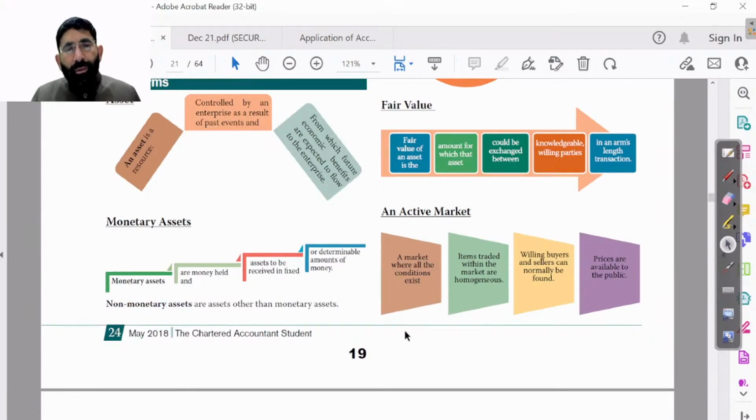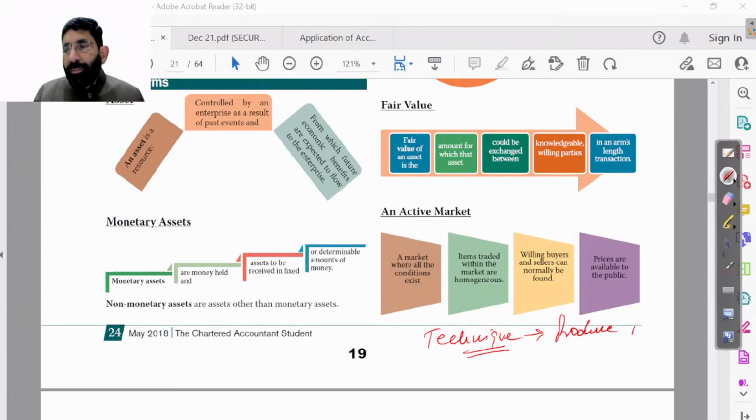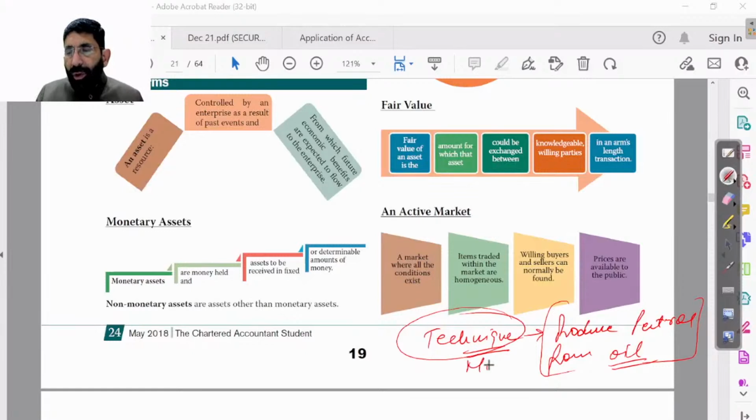Those which can be valued in terms of money are monetary assets. Like we are saying that we have a technique to produce petrol from oil. Now, whether this technique can be valued in money terms or not.